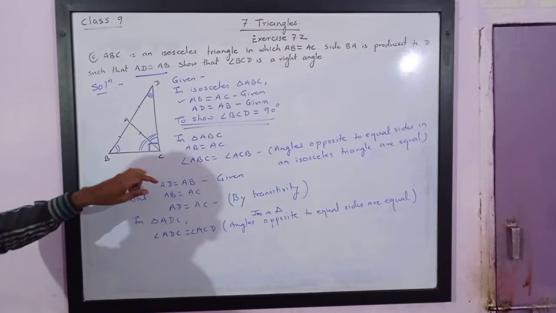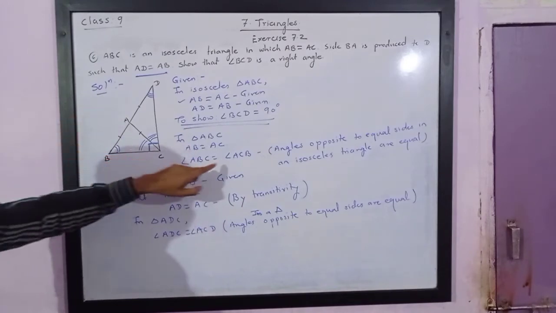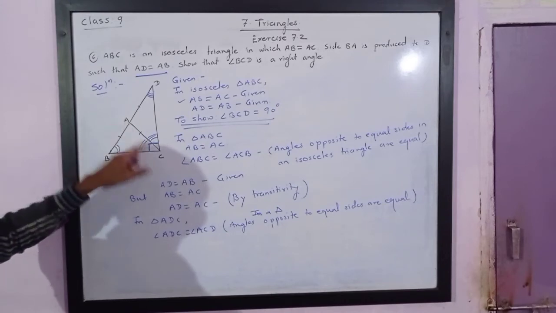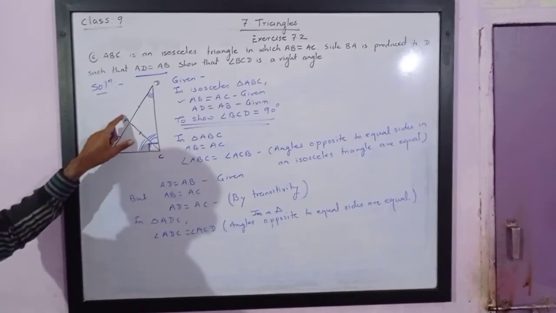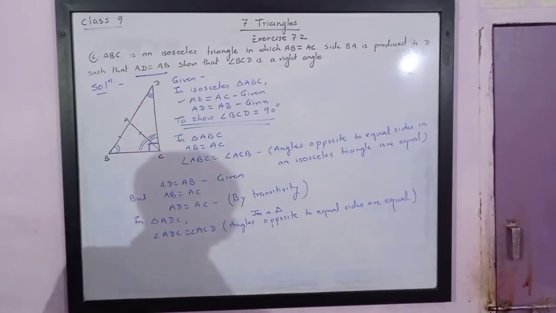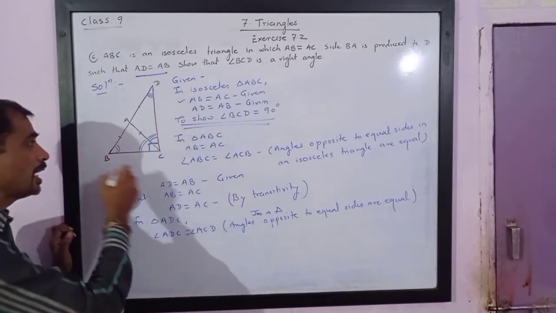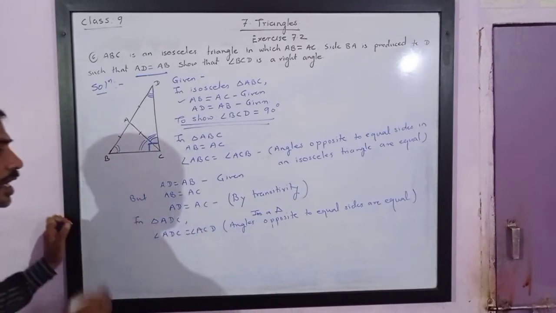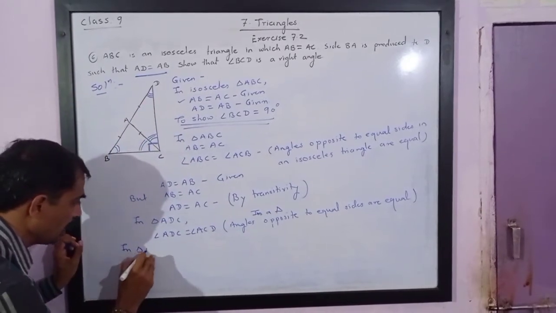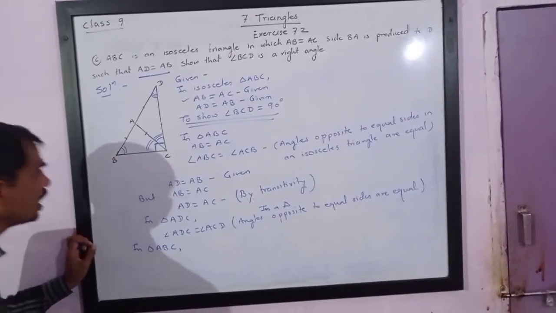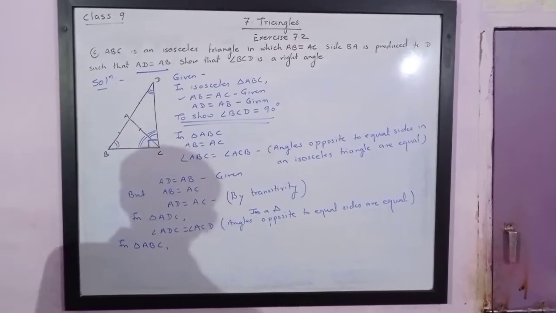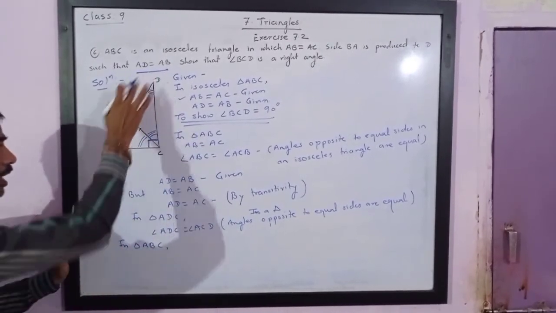Now see, we have ABC is equal to ACB. We have ADC is equal to ACD. Now consider triangle DBC.